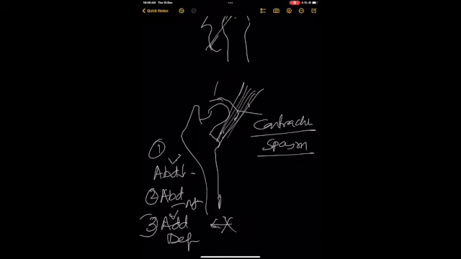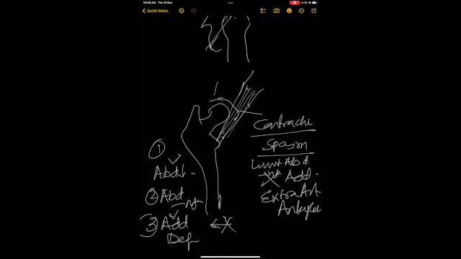For example, if the adductor is contracted, it will limit abduction, but will have no effect on adduction. So this type of lack of movement is called extra-articular ankylosis.